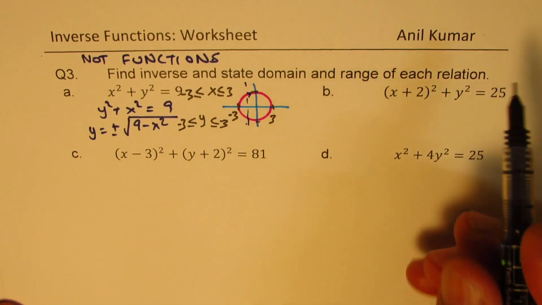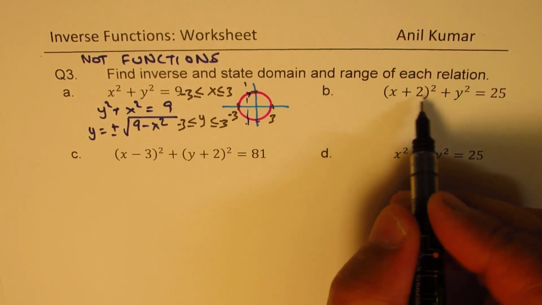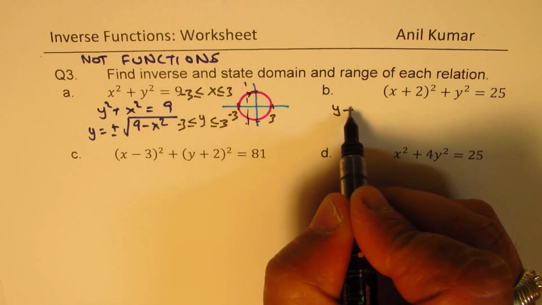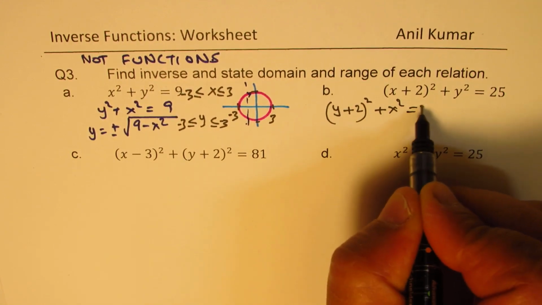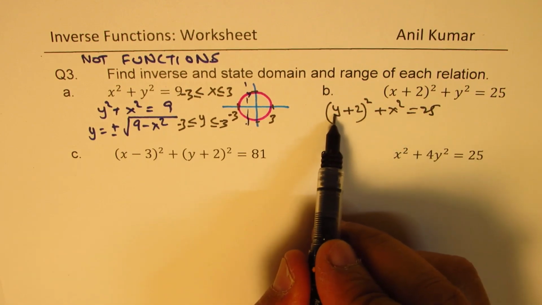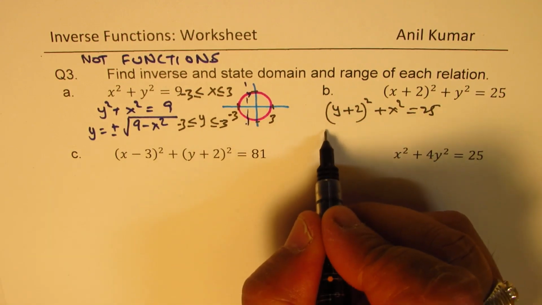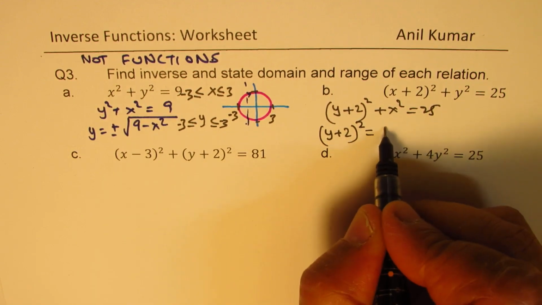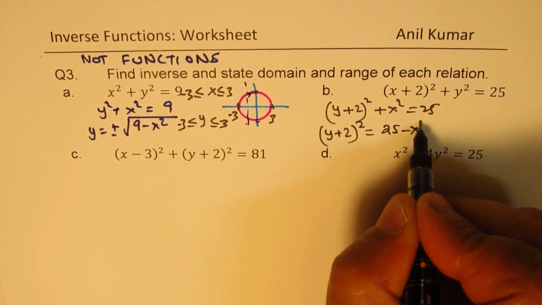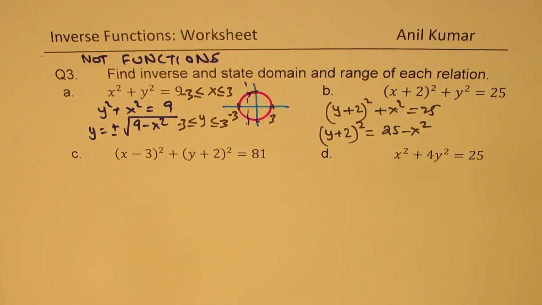Now, in this case, when you swap, you will write this as (y plus 2) whole square plus x square equals 25. And you need to isolate y. So it will be what? It will be (y plus 2) whole square equals 25 minus x square, right?